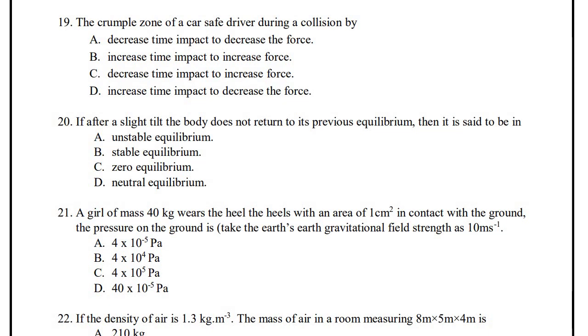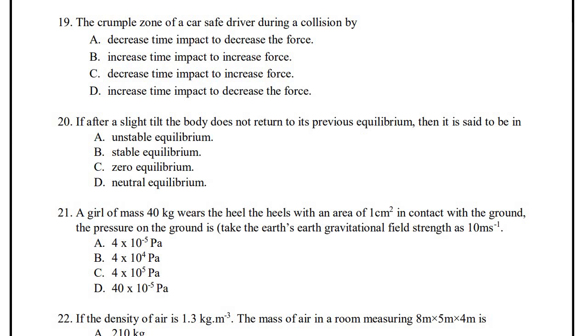Then we have question number 19. The crumple zone of a car saves the driver during a collision by increasing the time of impact and decreasing the amount of force. So crumple zones or the airbags that are installed in a car are for safety purposes.